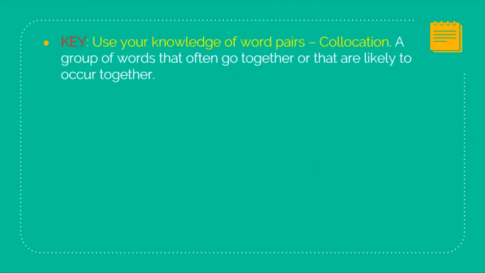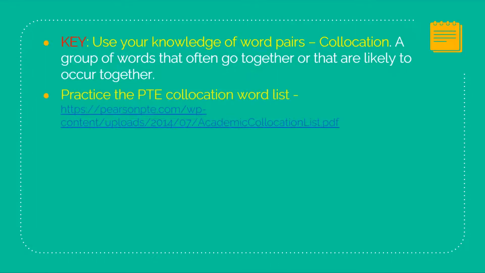Tip 1. Learn about word collocation. What is word collocation? It is nothing but how 2 words fit together. For example, pay attention or taking risk. It is extremely important to learn about collocation and expand your vocabulary.